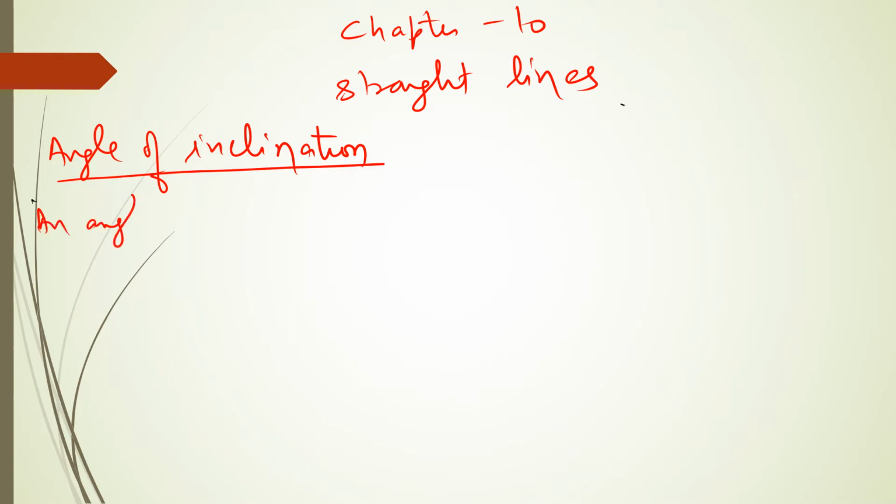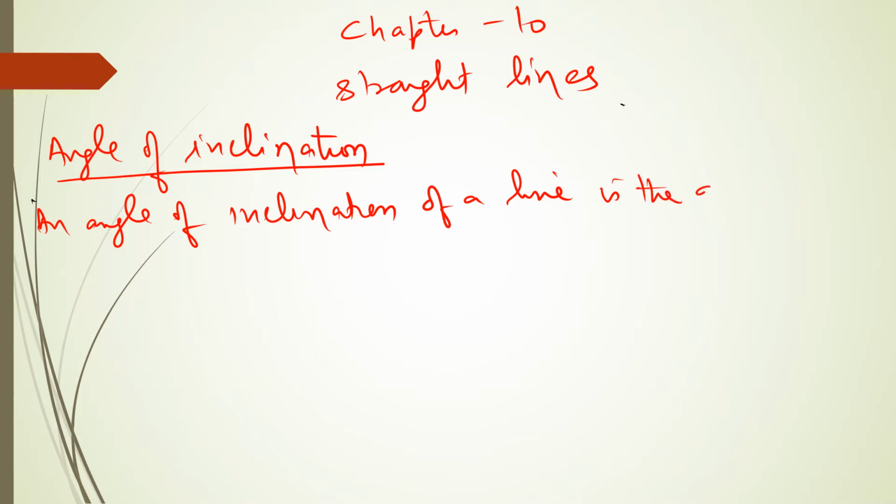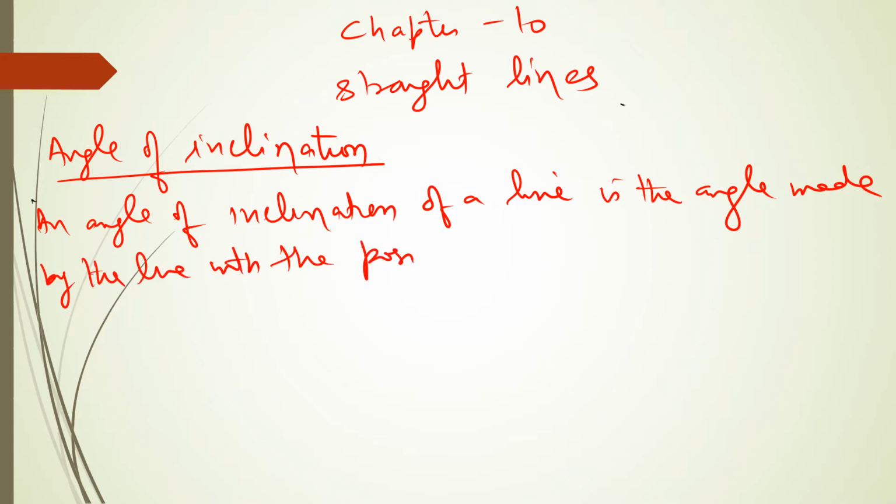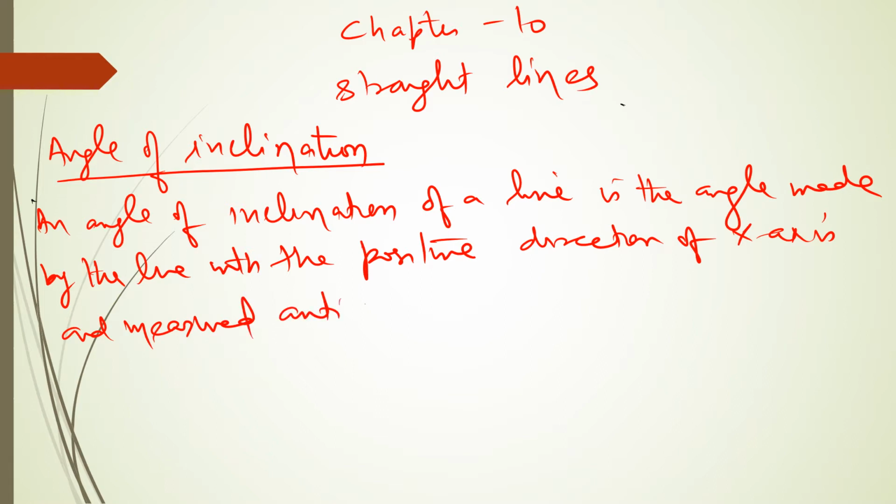An angle of inclination of a line is the angle made by the line with the positive direction of x-axis and measured anti-clockwise.